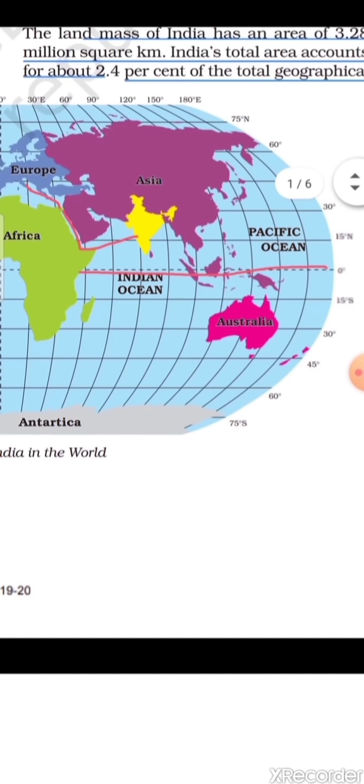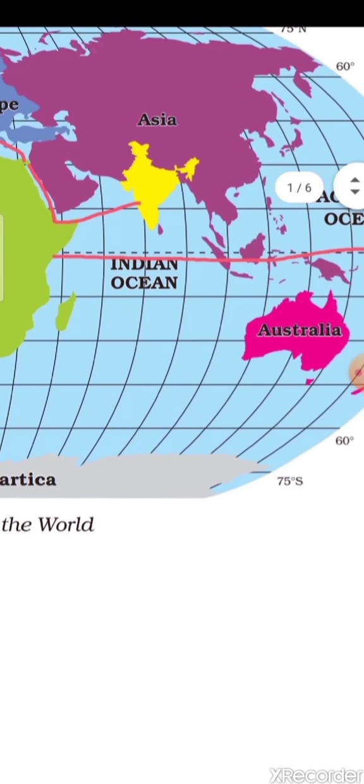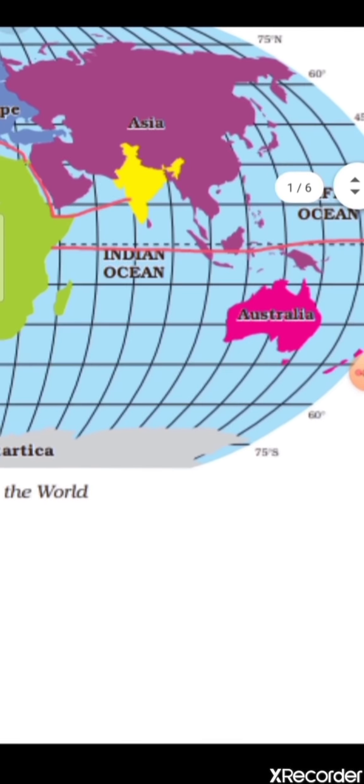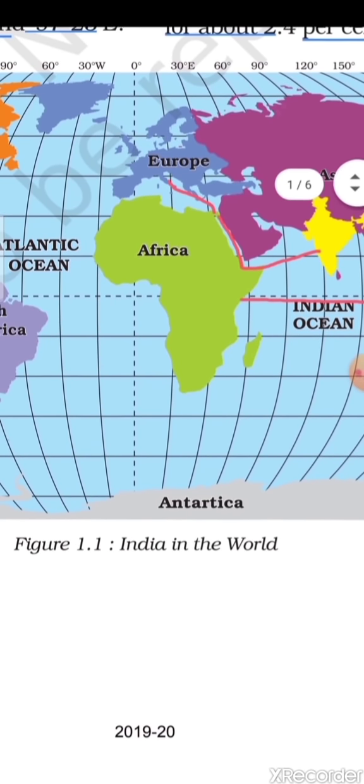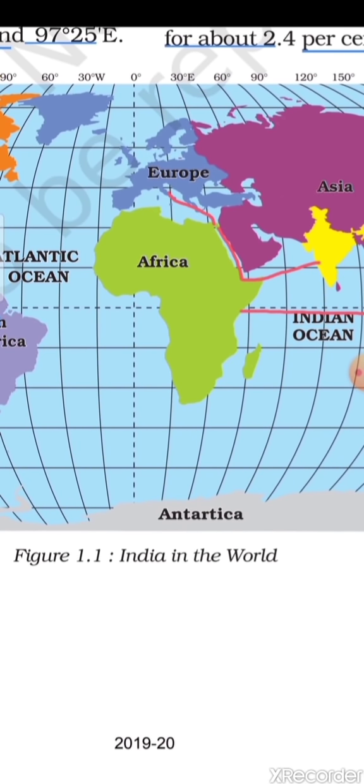The latitudes which are above the equator, we read as northern latitudes, and the latitudes which are below the equator, we read as southern latitudes. So the 8 degree 4 minute latitude is above the equator, that's why we are reading it as 8 degree 4 minute north latitude. In the same way, students, there are eastern longitudes and western longitudes.